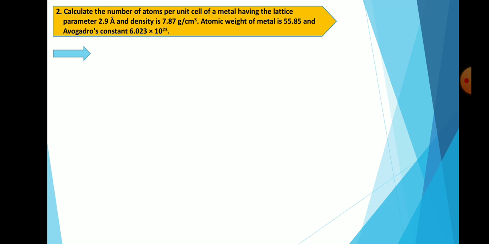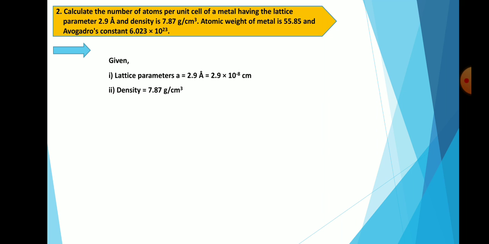So this is our problem. First write down the given data on the left hand side one by one. The lattice parameter is given as a, that is 2.9 angstrom unit. We have to convert into simple form, that is 2.9 into 10 to the power minus 8 centimeter.